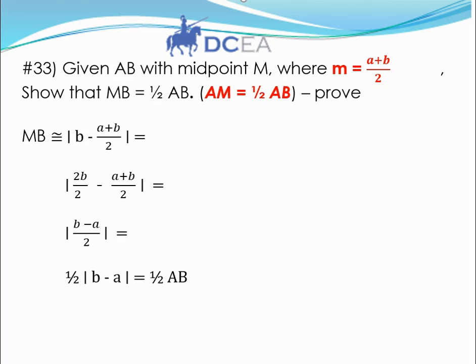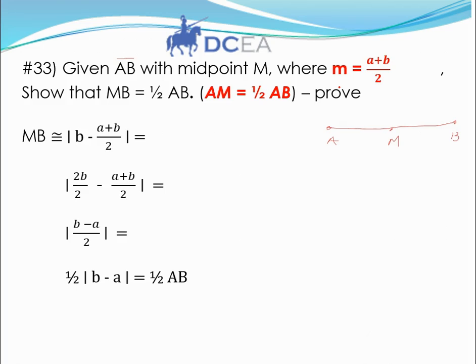So for number 33, it says, given line segment AB with midpoint M. So this is the drawing you're familiar with. Where m equals a plus b divided by 2, familiar formula, show that MB equals 1/2 AB.